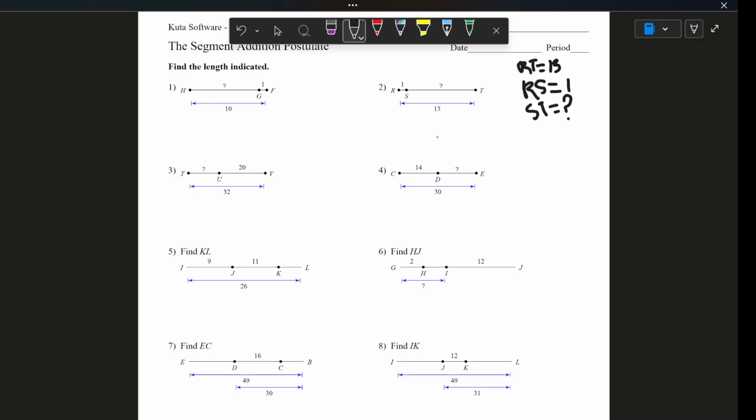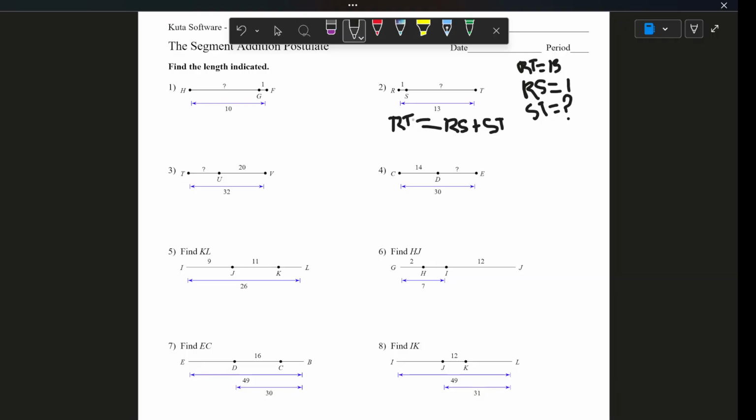Okay then. Well, same thing we do. So RT equals, well, we know RS plus ST. Now let's plug in.